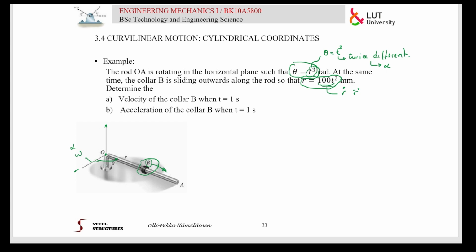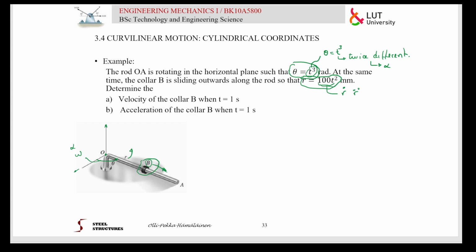If I forget about the rotation of the bar, it's pretty easy to calculate the velocity and acceleration of B. But while the collar is moving, the bar is also rotating, meaning that the movement of collar B has two big causes. One is the rotation of the rod OA, and the other is the displacement of the collar along the axis formed by OA. So you have those two main terms forming the velocity and acceleration of B.